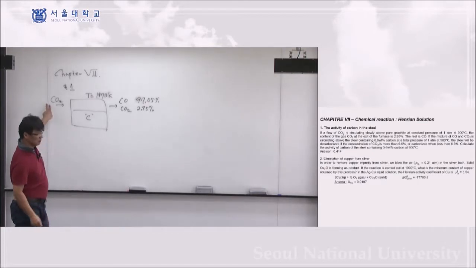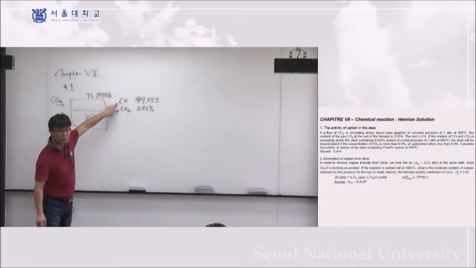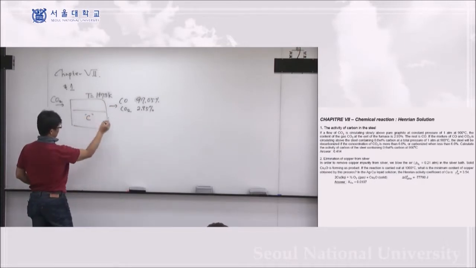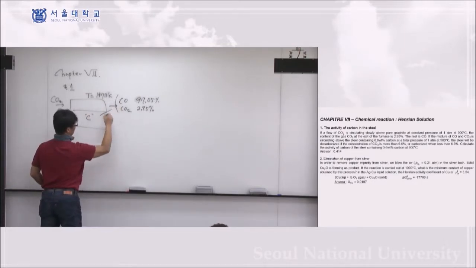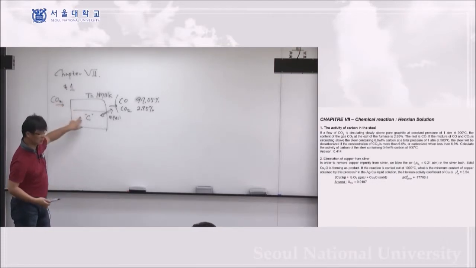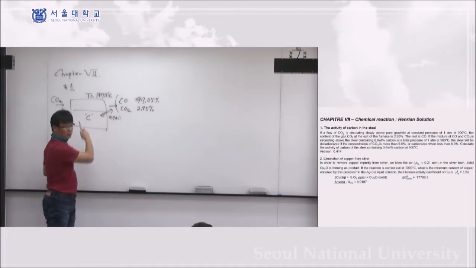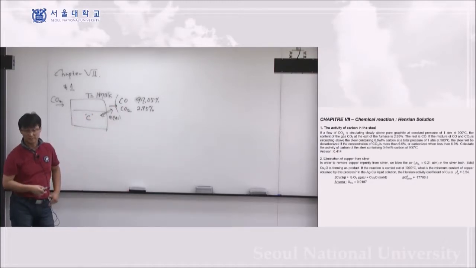So I'm adding this gas, and after reacting with the carbon, it produces this gas. It means this carbon and this gas are in equilibrium. Can you imagine this? The gas and the carbon are in an equilibrium state.